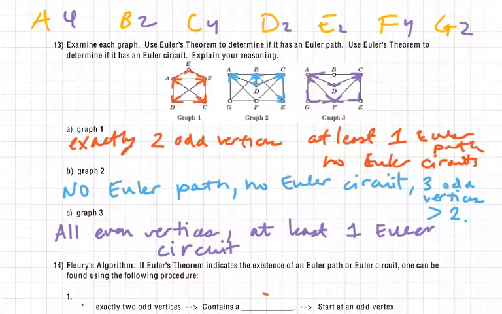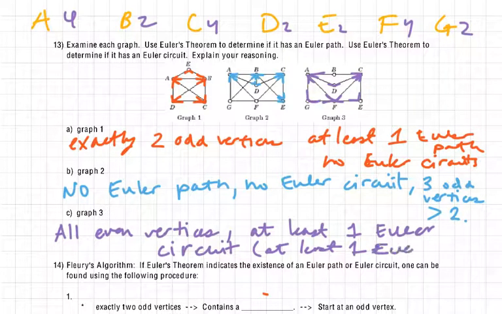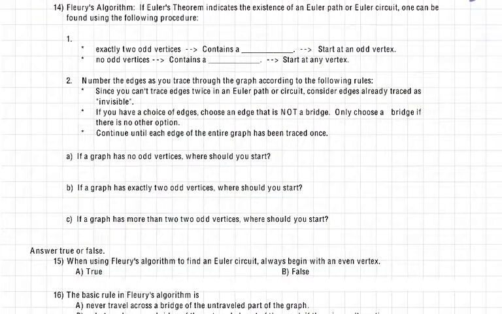That also means there's at least one Euler path, because an Euler circuit is an Euler path. So we can use Euler's theorem to determine whether or not we have any Euler paths or circuits based purely on the degree of each vertex and whether the vertices are even or odd.